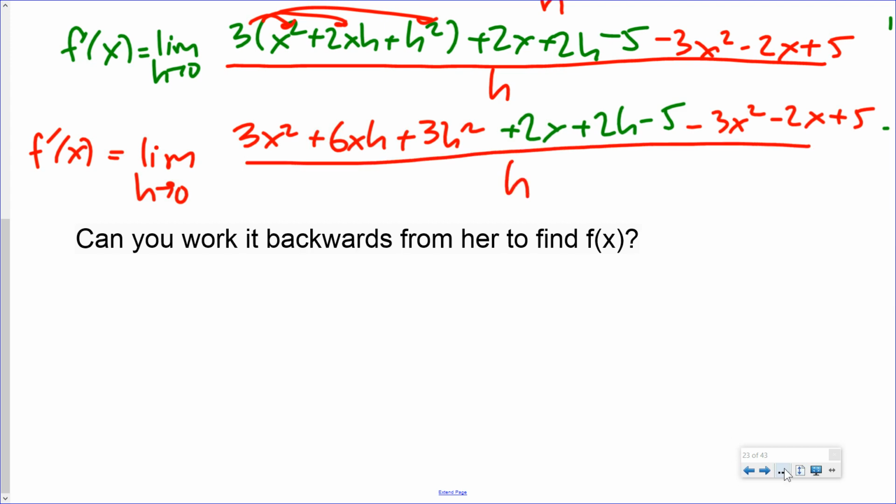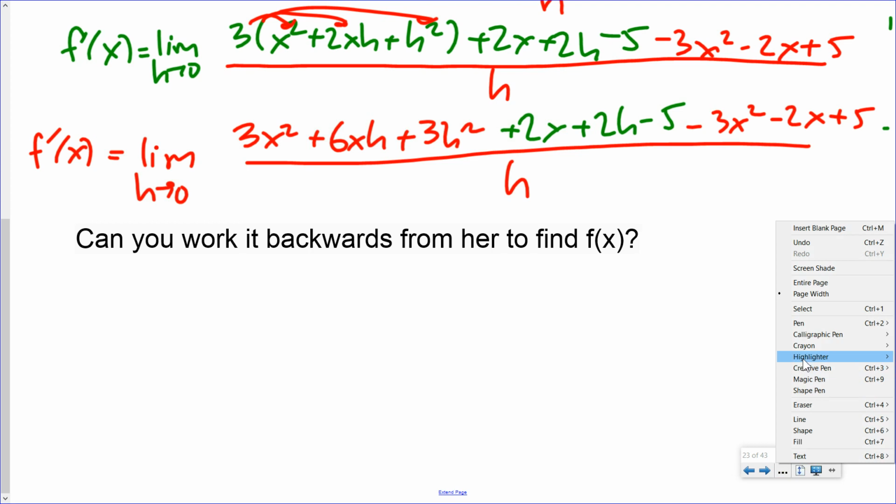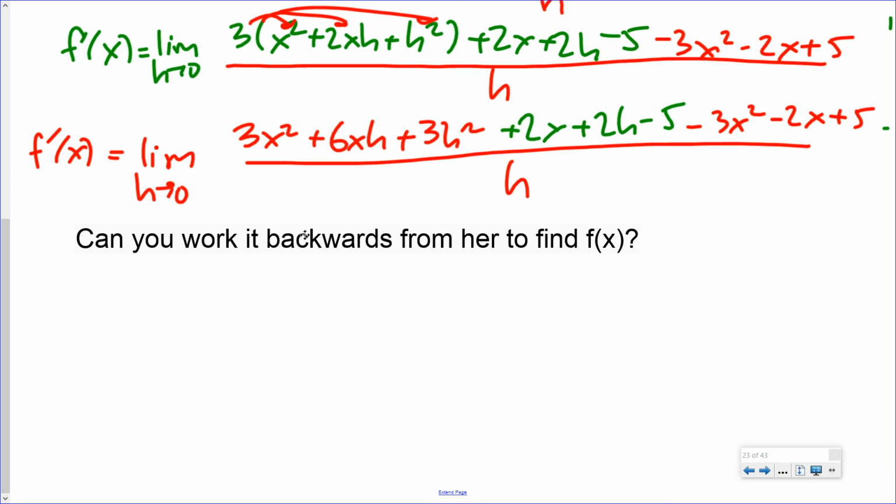Now this looks very difficult until you notice that some things cancel out. Do you notice anything that cancels out? Yeah, the 3x squared cancels out, the 5 cancels out, and there's one more thing that cancels out. The 2x cancels out.